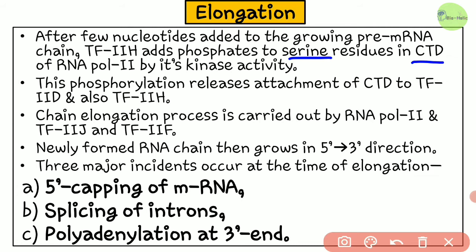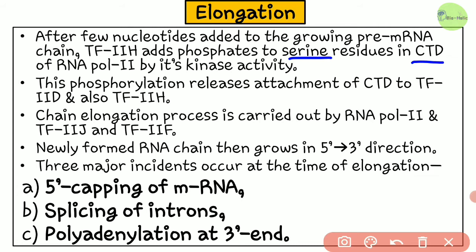This phosphorylation releases the attachment of CTD or carboxy tail domain to TFIID and also TFIIH. Then the chain elongation process is carried out by RNA polymerase II, TFIIJ and TFIIF. The newly formed RNA chain grows in the 5' to 3' direction, that means unidirectionally.